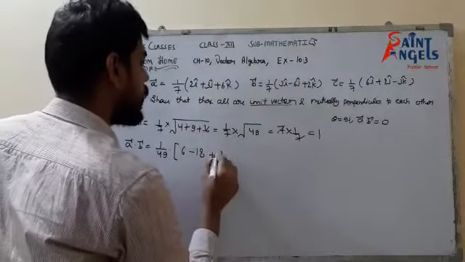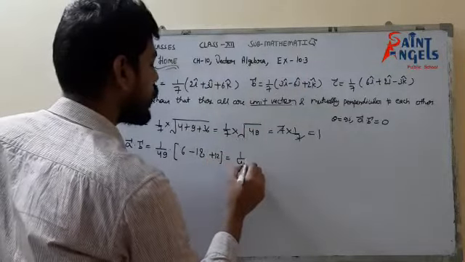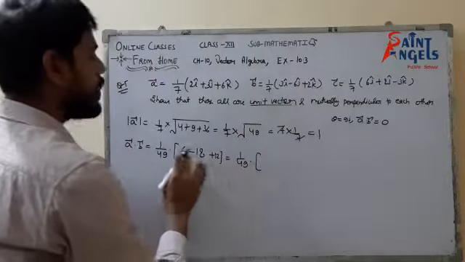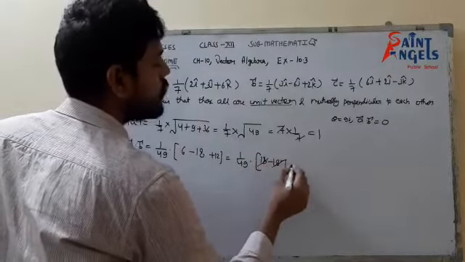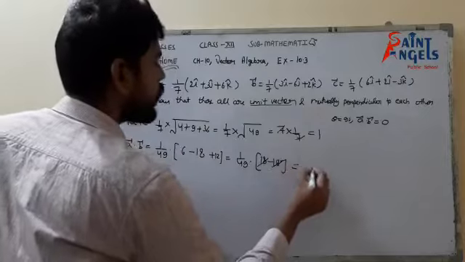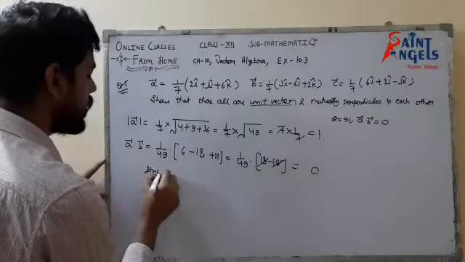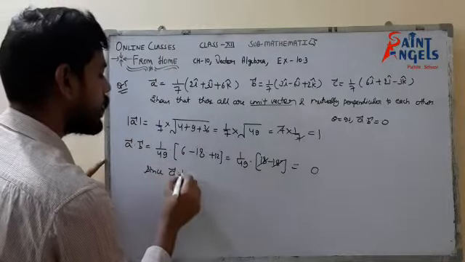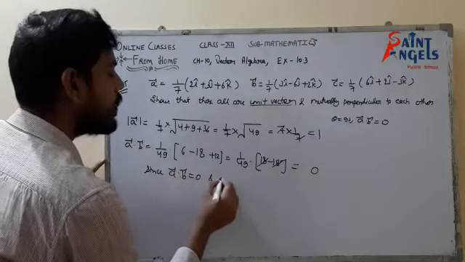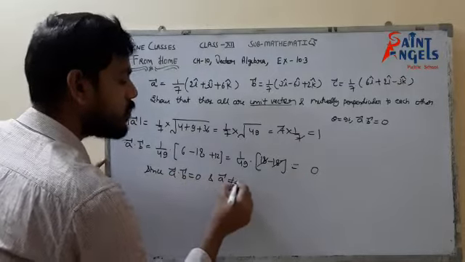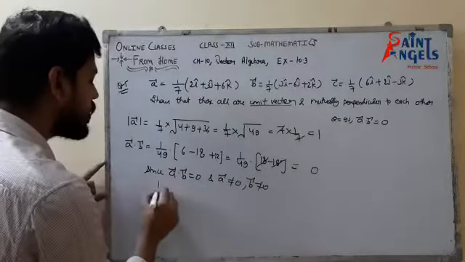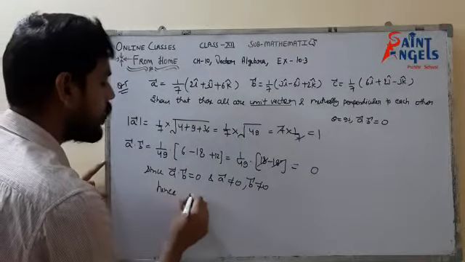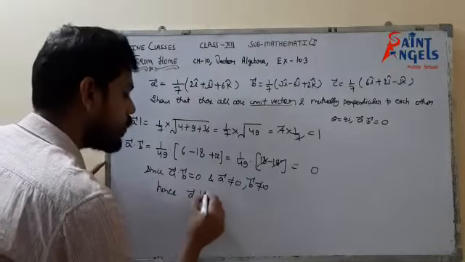So that would be 1 upon 49 into 12 plus 6, 18, 18 minus 18, it becomes 0. So hence A dot B equals 0. Since A vector dot B vector equals 0, and A vector is not equal to 0, also B vector is not equal to 0 because their magnitudes are 1, hence vector A is perpendicular to vector B.